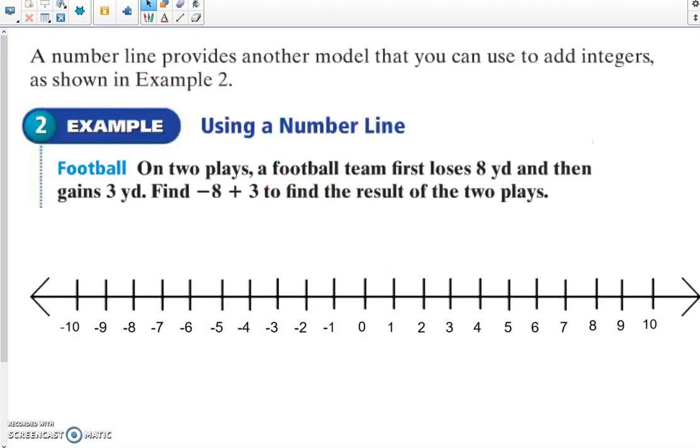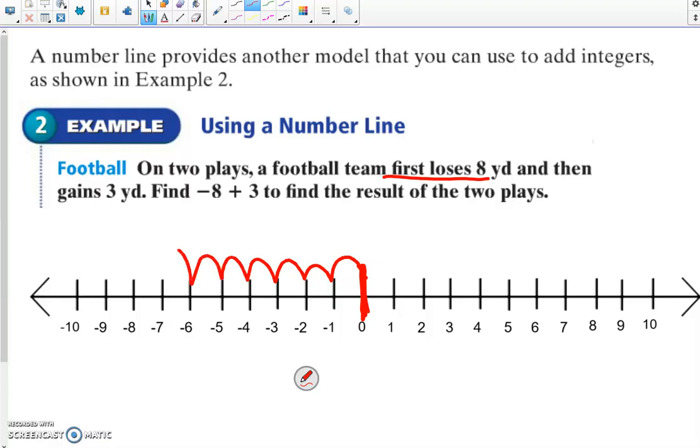Another way is to use a number line. I like to use this example, football. Okay? When you start, we say 0. That means you haven't gained any yards. It's first down. So you haven't gained any yards. You haven't lost any yards. You have a 0 gain so far. Well, it says on the first play, first they lose 8 yards. Well, if they lose 8 yards, they get knocked back 8 yards.